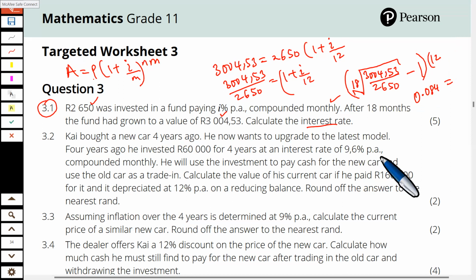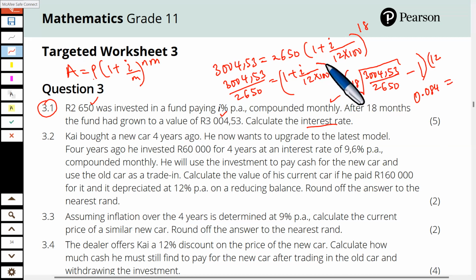But now we can just always multiply by 100 here. Always. Because you will always divide the I by 100 anyway, because the I is a percentage.